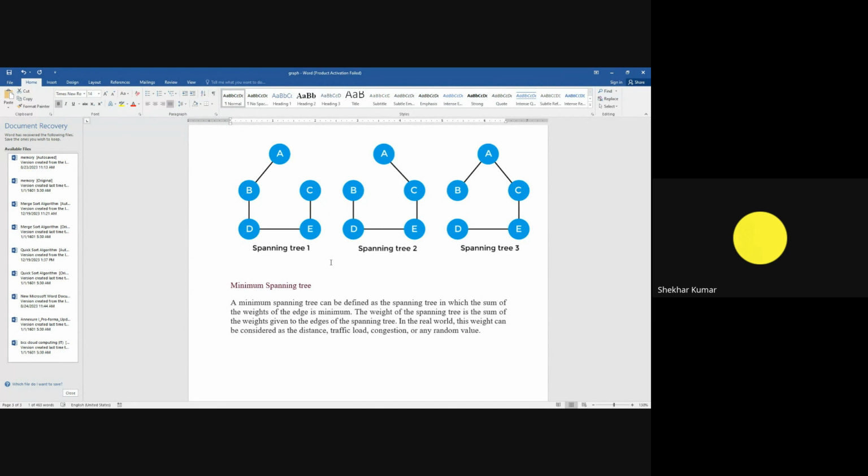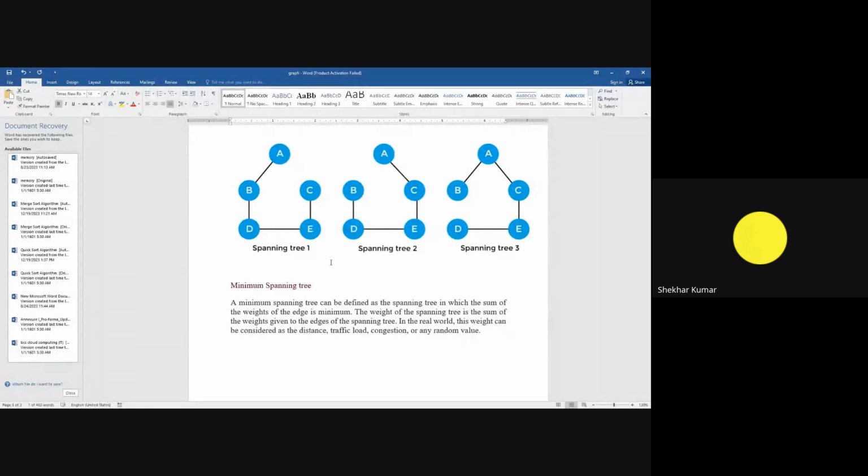Among all the possible spanning trees, there will be one spanning tree whose cost is minimum. That graph is called the minimum spanning tree.